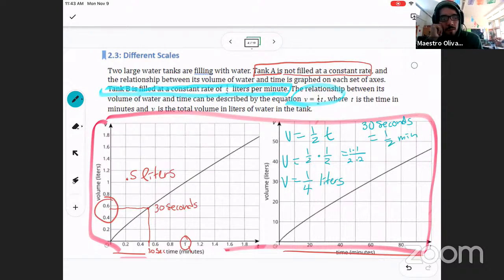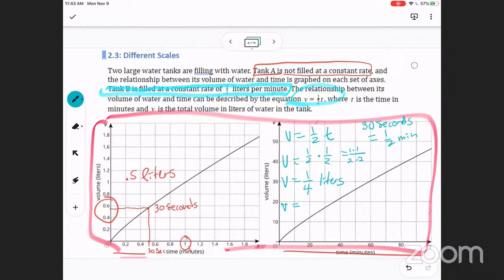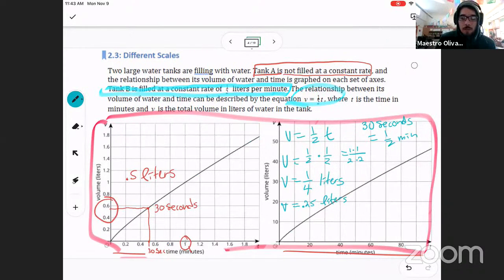Mario, how'd you get 0.25? 0.25 is 1/4 as a decimal. Some people might know off the top of their head that 1/4 is just 0.25. Alternatively, you can do 1 divided by 4 on a calculator and you'll get 0.25 also.